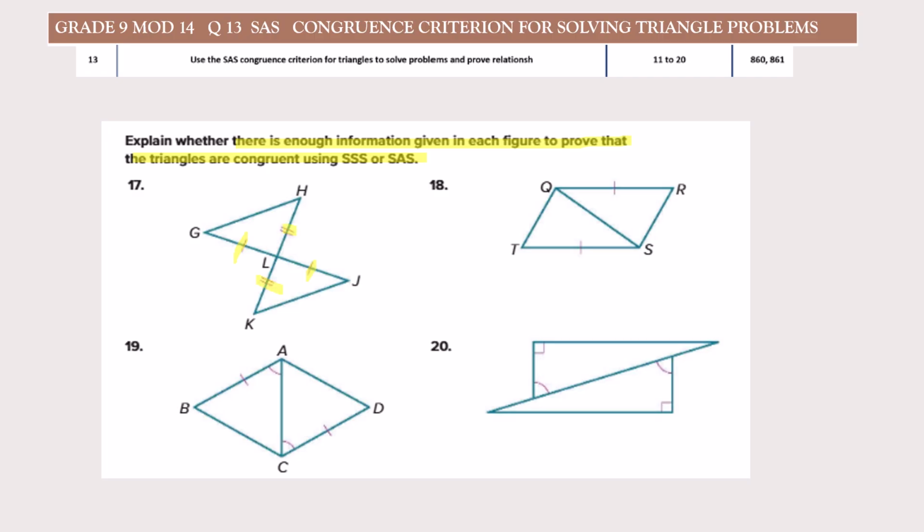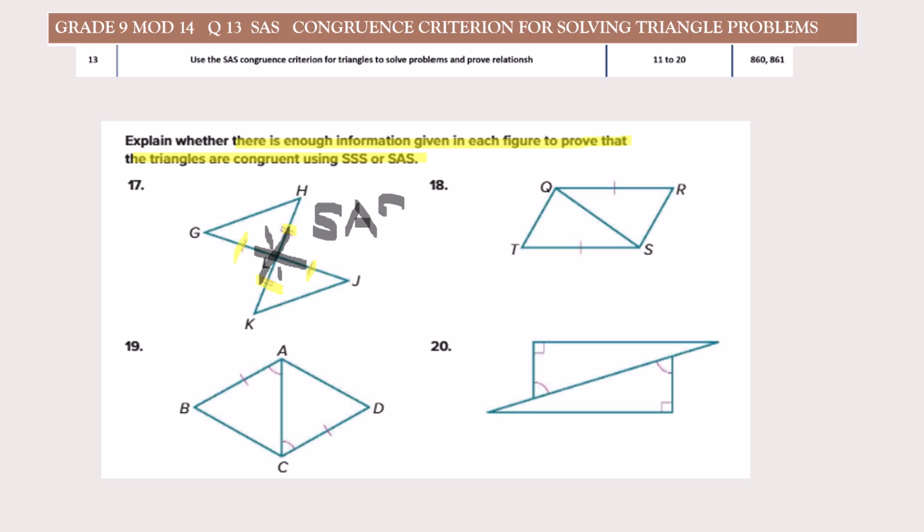And then we also know that when we have the letter X, it is always vertically opposite. So this angle here will be equal to this angle here. So we can conclude that this will be side, angle, side. So this we can safely conclude as side, angle and side.